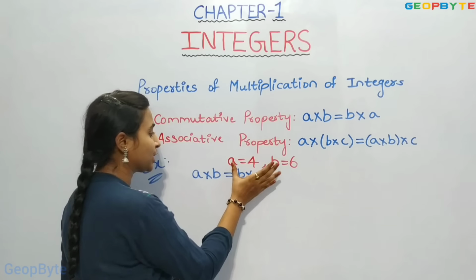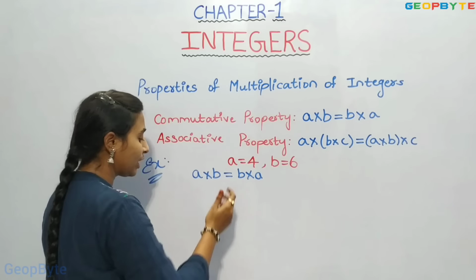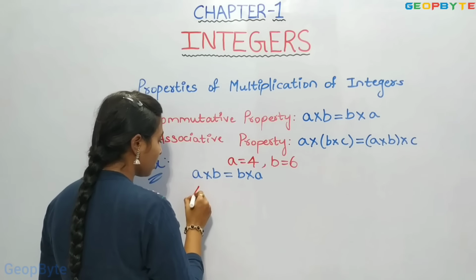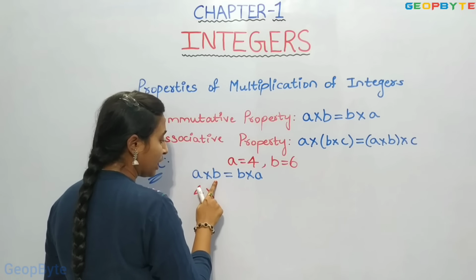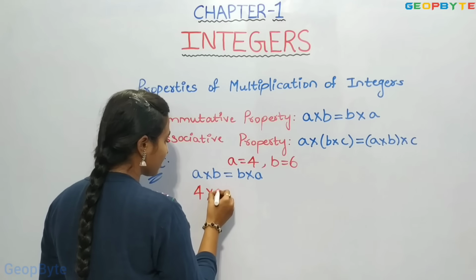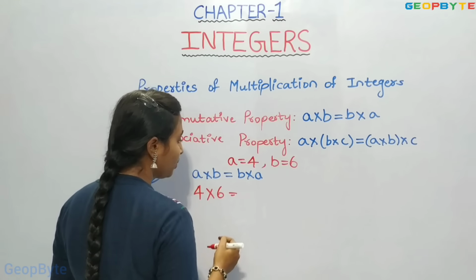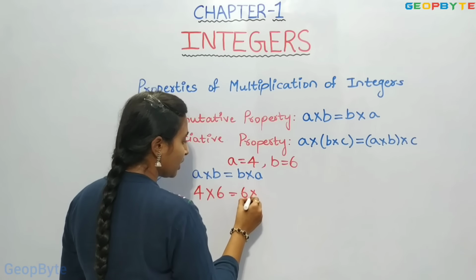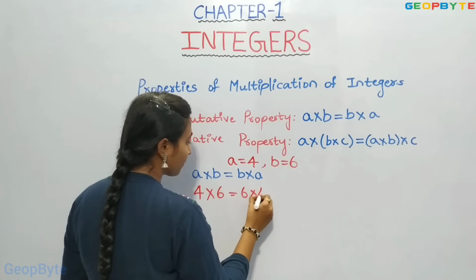Now let us substitute these two numbers and verify. We have A is equal to 4 into we have B as 6 is equal to we have B as 6 into A as 4.